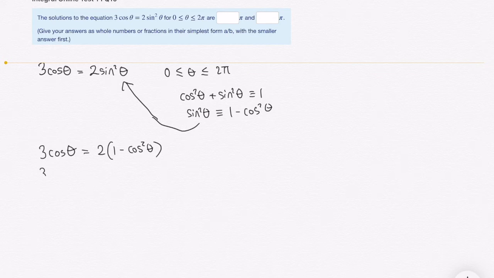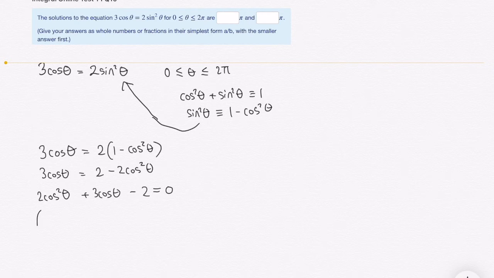If we expand that out, we get 3 cosine theta equals 2 minus 2 cosine squared theta. And then I'm going to collect all the terms on the left-hand side. So we have 2 cosine squared theta plus 3 cosine theta, subtract 2 is equal to 0. And this is a quadratic equation in cosine.